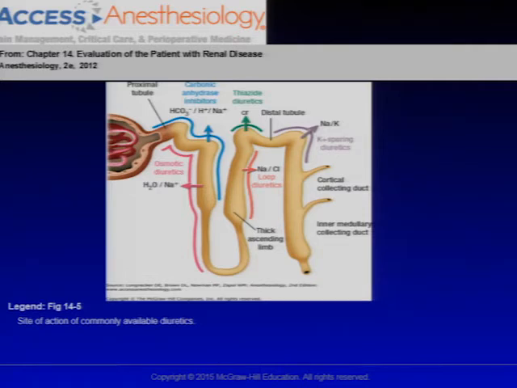The thiazide diuretics act at the distal convoluted tubule, inhibiting the sodium and chloride symport. The potassium-sparing diuretics like triamterene, amiloride, and spironolactone act at the collecting duct. Spironolactone inhibits the aldosterone action at the collecting duct, causing sodium loss and potassium retention.